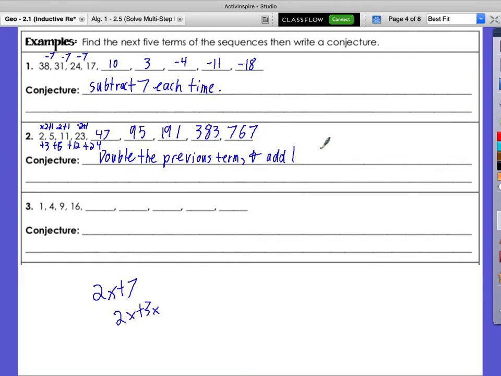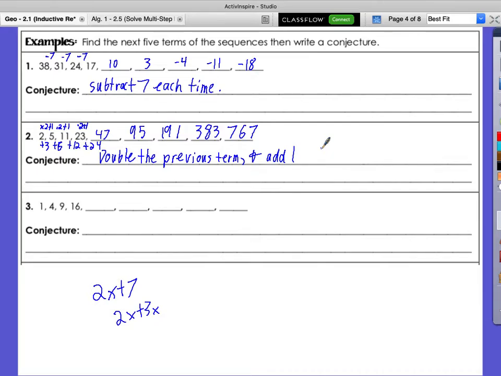I think that's pretty clear and straightforward now if we say that, so everyone make sure we're writing that in. We say double the previous term, that tells us exactly which term we're doubling. We're not confused about that. If we just say double and add 1, we might not know what we're doubling. So I think this just makes it a little clearer to do that.